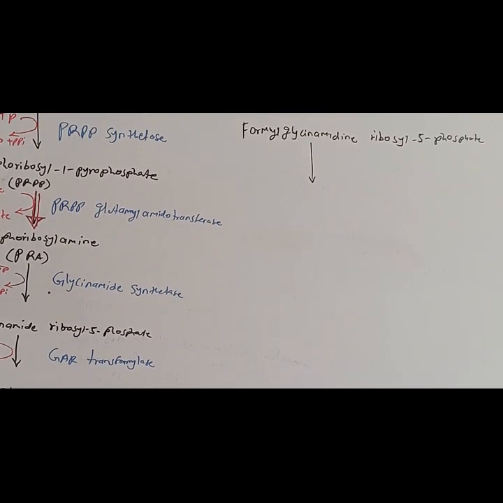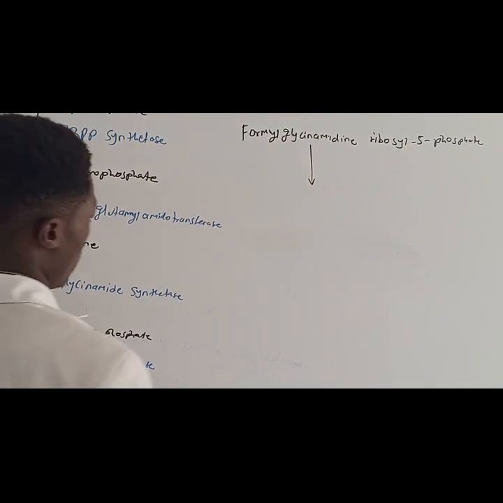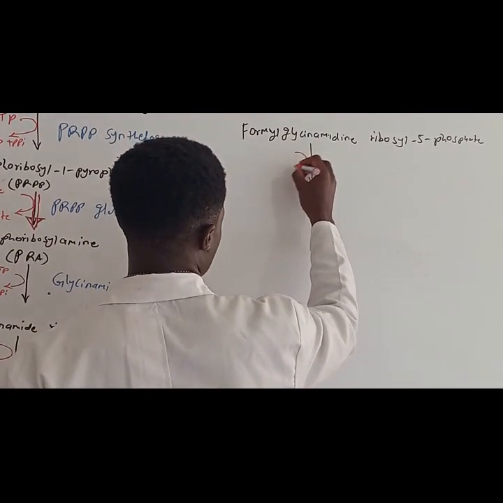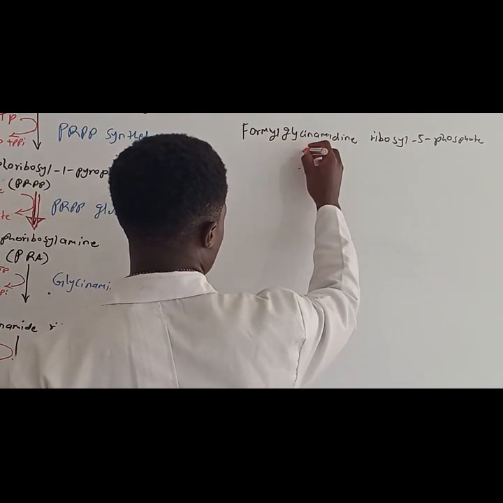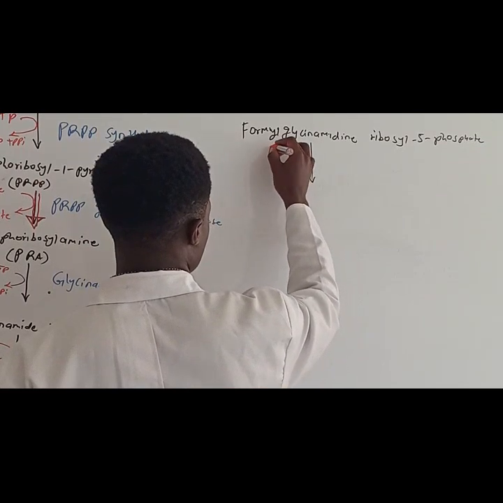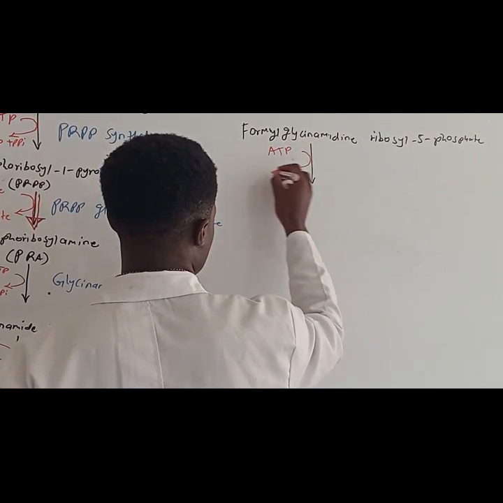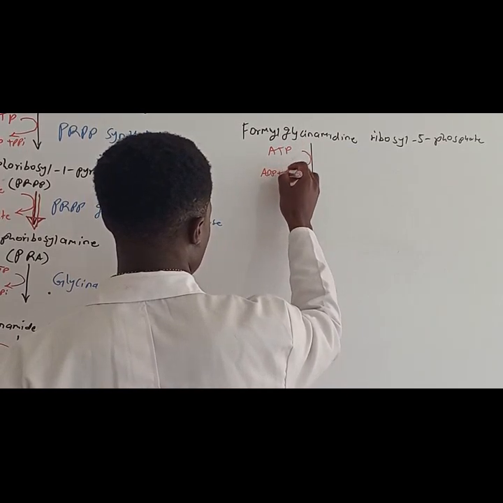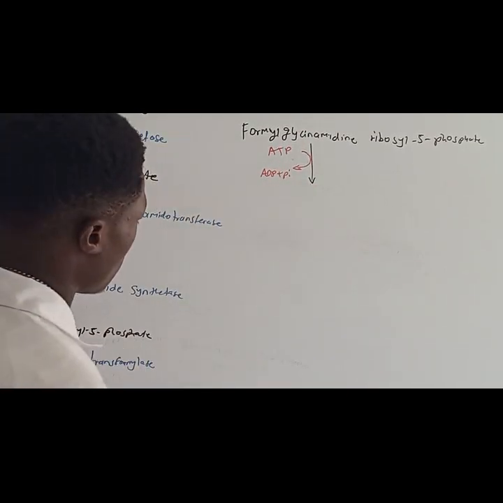And this reaction is going to require ATP. So I'm going to input some energy in the form of ATP. ATP is going to be converted into ADP plus a phosphate group.